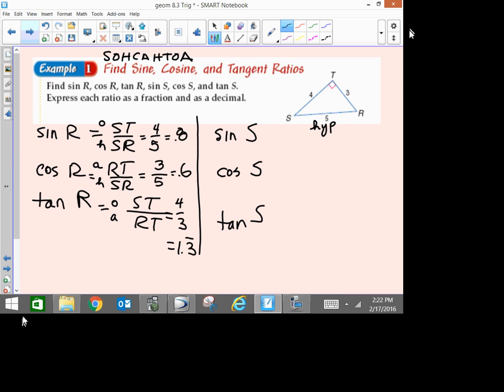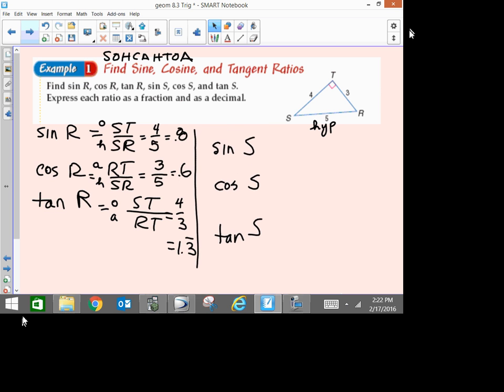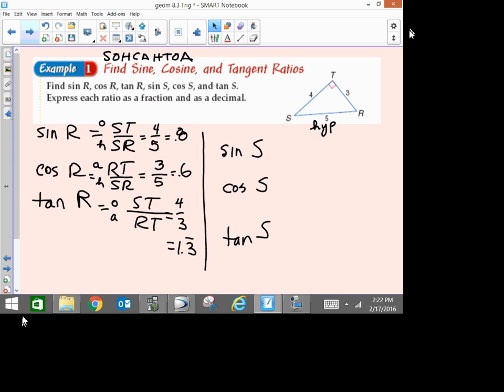Okay? All right. Do the sine of S. And you can cut right to the numbers if you'd like. So, what do we have here? Sine of S equals, let's see, 3/5? Okay. Because remember, we're talking about S, we have a different opposite, right?